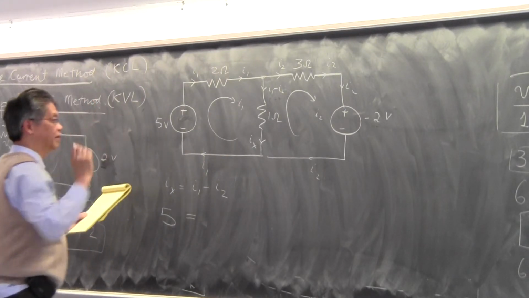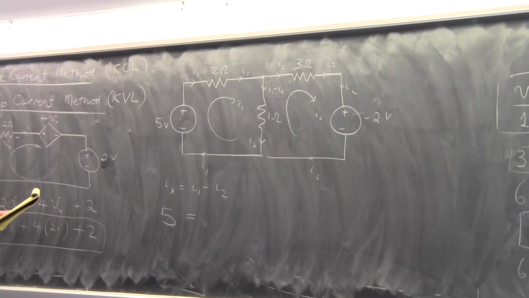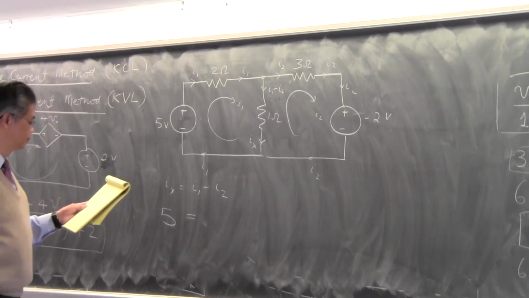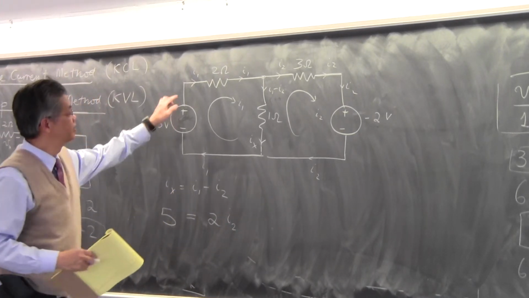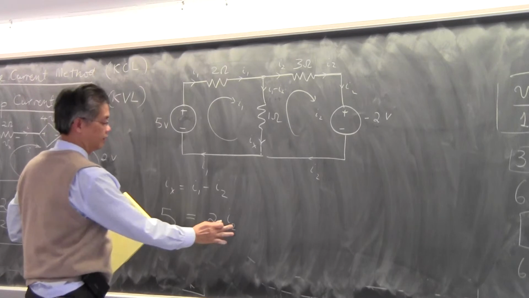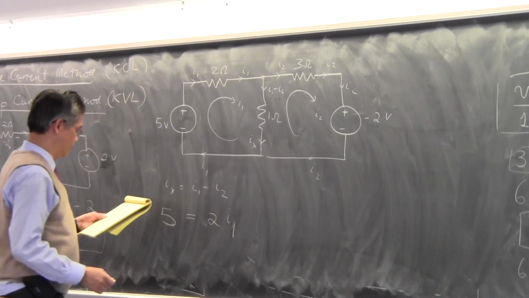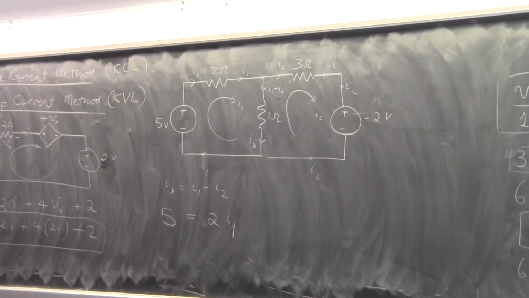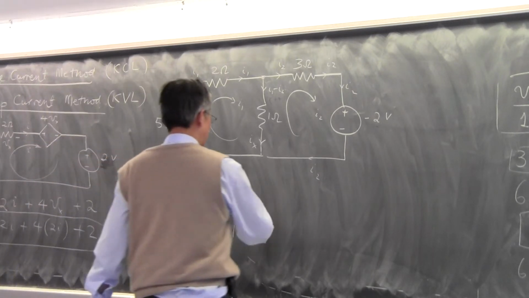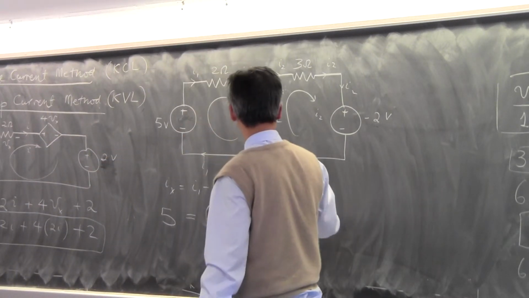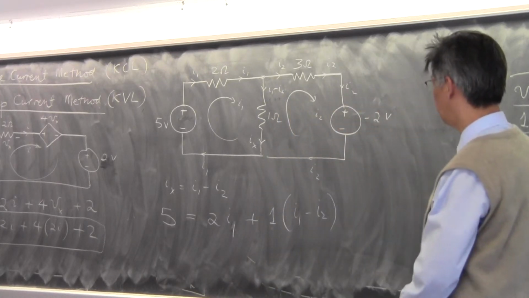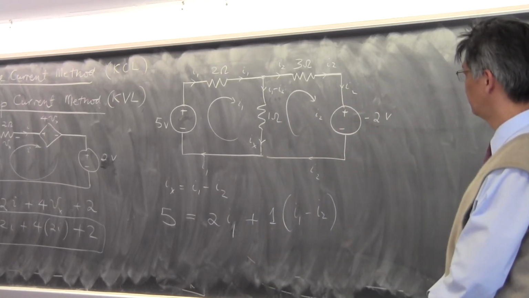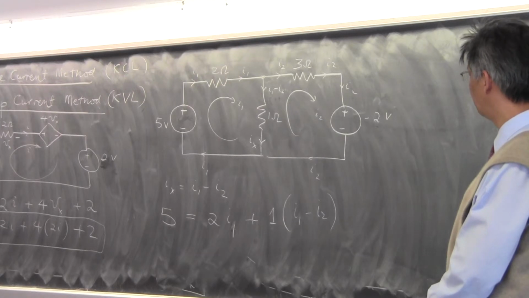Let's say we apply it to the I1 loop. 5 volts must be equal to I1 times 2, sorry, plus 1, the resistor in this branch, times I1 minus I2. So this is one KVL equation that we get out of that loop.